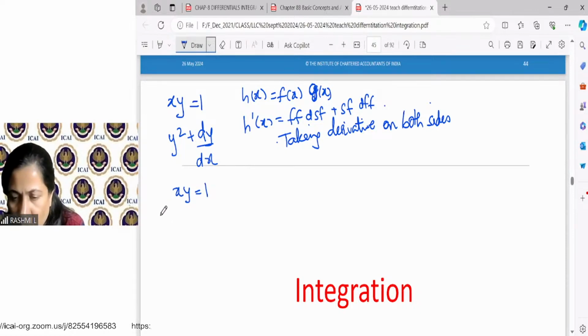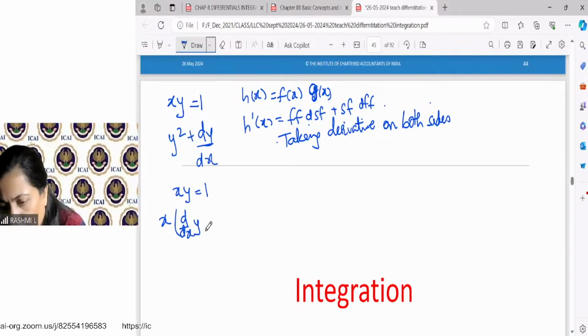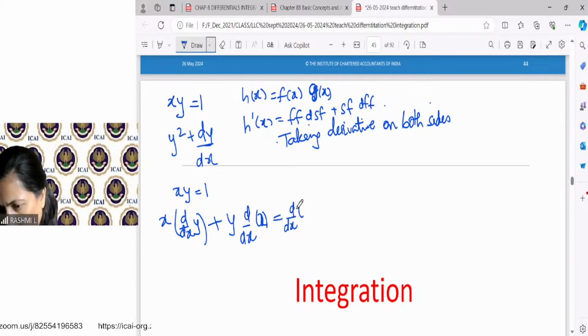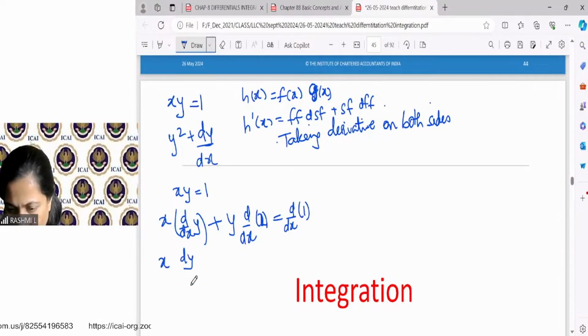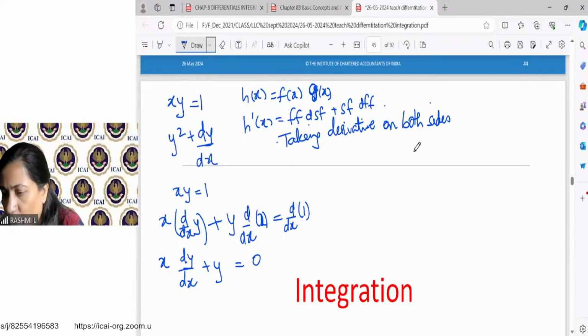So taking derivative of both sides, first function into derivative of second function plus second function into derivative of first function is equal to derivative of 1. Okay. What is dy by dx as it is? So this is x dy by dx plus y. Derivative of x is 1 and this is equal to 0. Okay. So I have x dy by dx plus y is equal to 0.